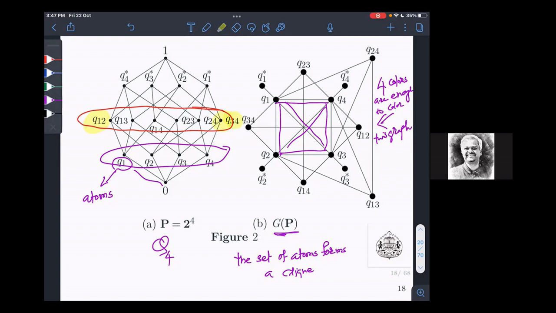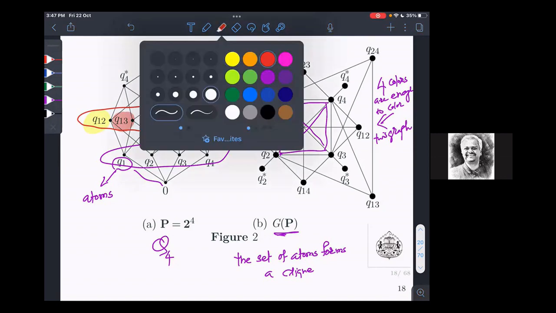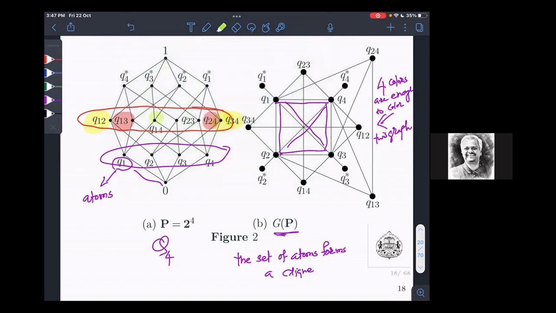Then if I take Q13, here is 2, 4. Again, complements are here. Then I can further do Q14 and Q23. So essentially what I did was remove W reducible elements. What do we mean by this?